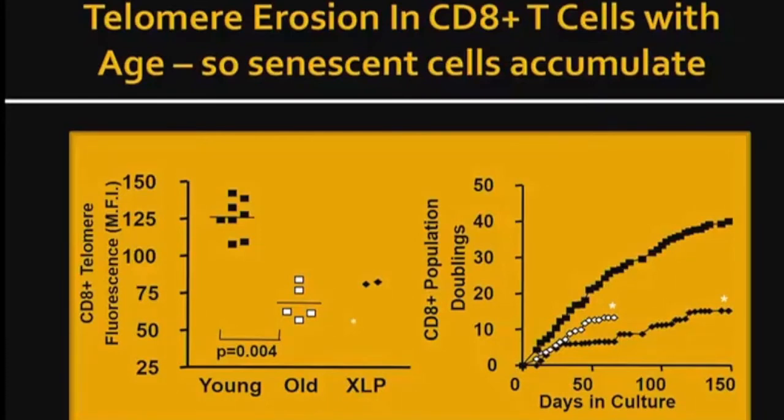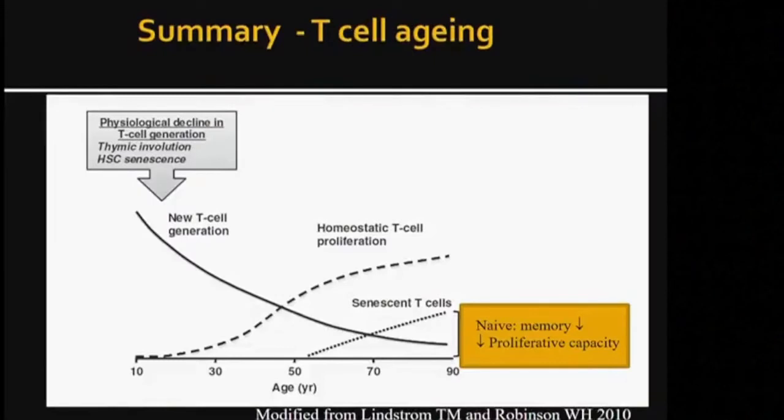And this then affects the ability of the T cells to proliferate when exposed to the antigen that it was previously adapted to. So to summarize that, you've got less new T cells being generated. You're acquiring senescent T cells, which don't proliferate well at all. And you're, through homeostatic proliferation, increasing your naive and memory pool.